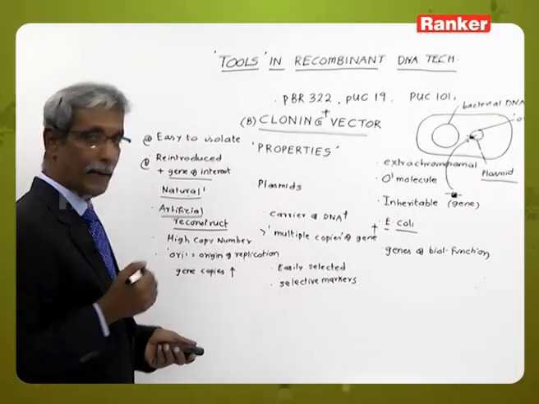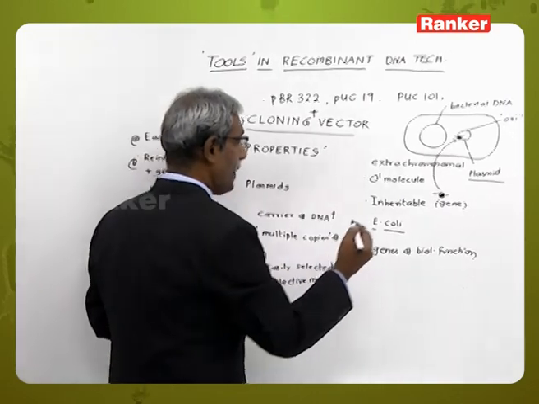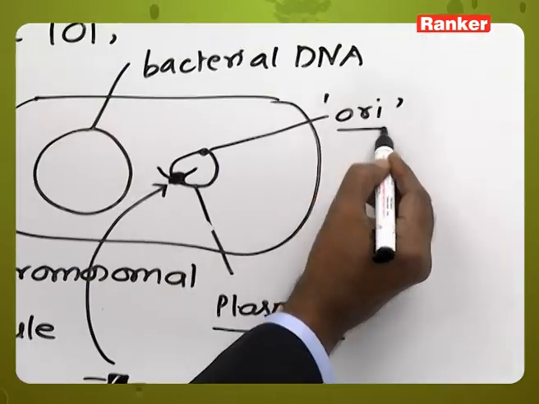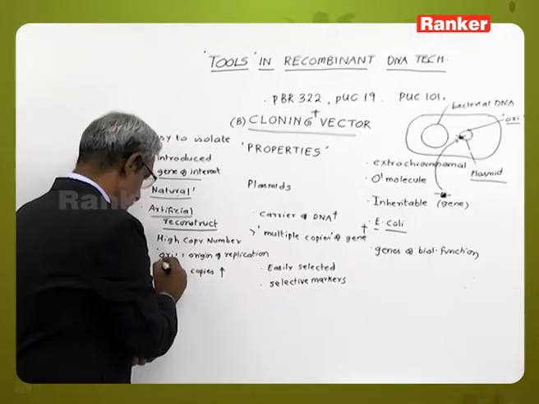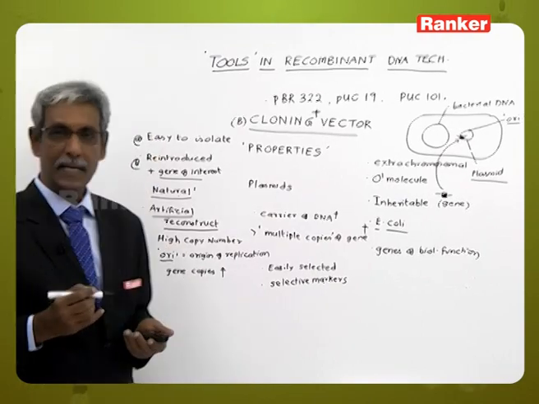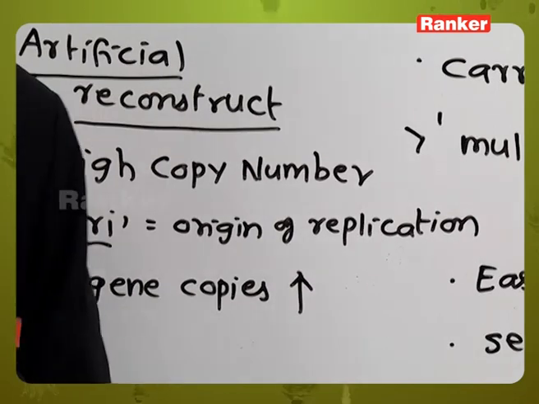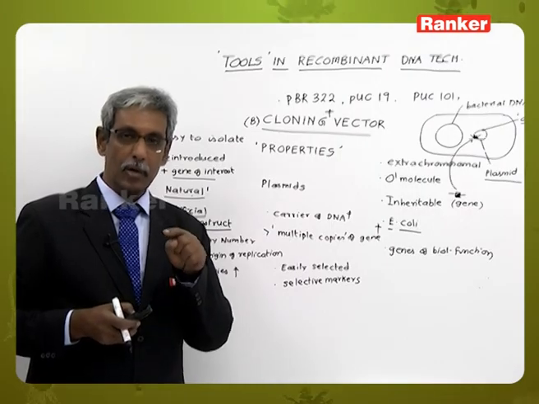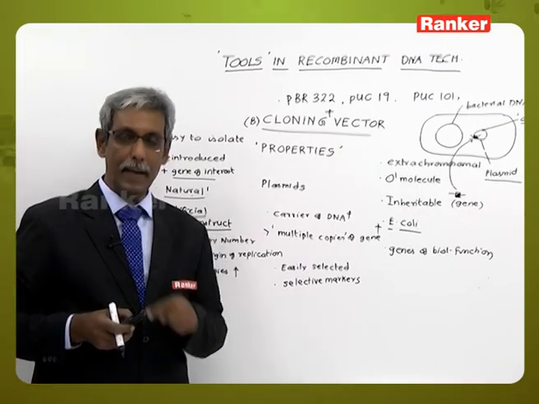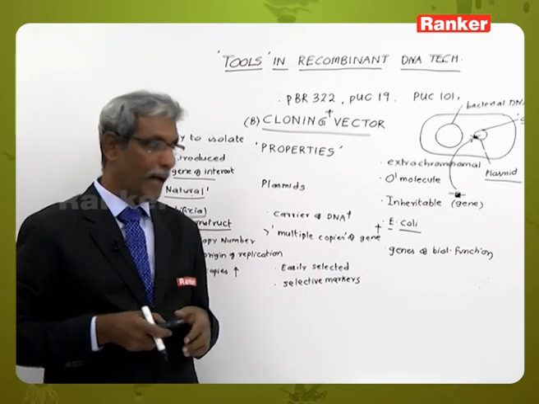Now, if you look at a particular plasmid, in every plasmid there is one region which is termed as an ORI. The term ORI means the origin of replication. It has a sequence of nucleotides from which it can make multiple copies of the plasmid.